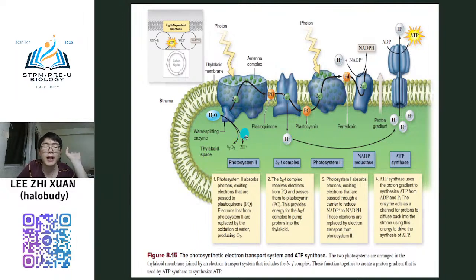Actually it is the reverse, totally reversed. But the concept is still the same, just the accumulation of hydrogen ions is different.